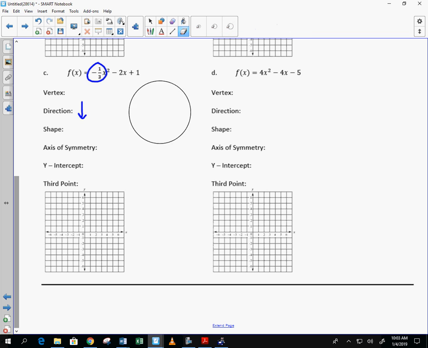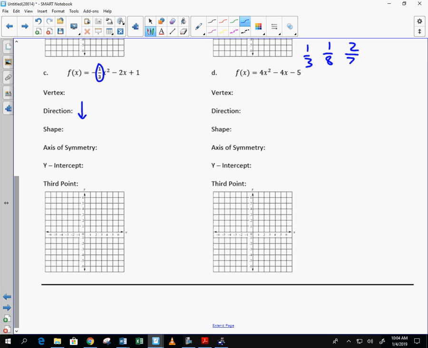What's another thing that's easy to figure out? The shape. Sonny, you are 100% correct. Why is the shape wide as opposed to narrow or normal? It's less than 1. Notice we have 1/3. If you have numbers like 1/3 or 1/8 or 2/7 out in front, those make wide shapes, whereas if you have numbers out front like 9 or 2 or 15 or -12, where the absolute value is greater than 1, those make a narrow shape.